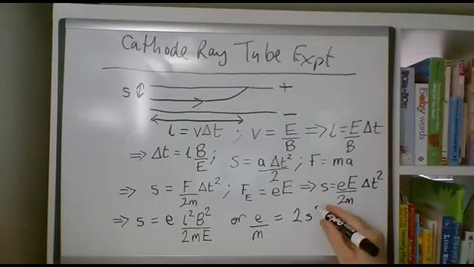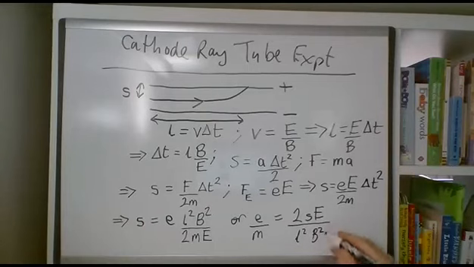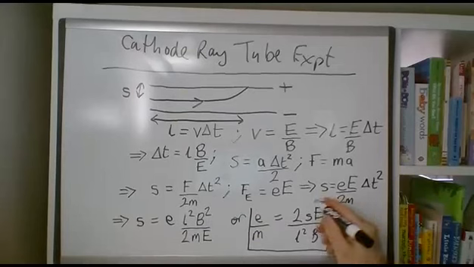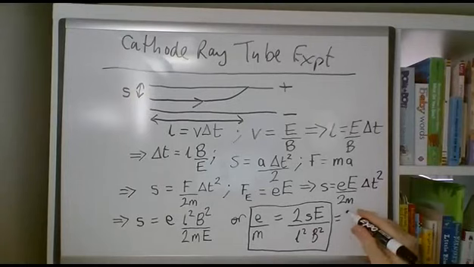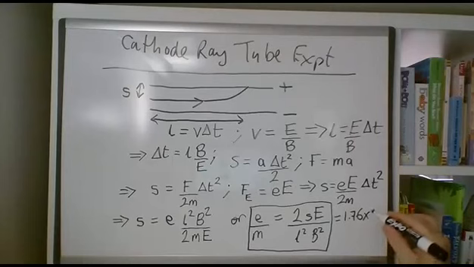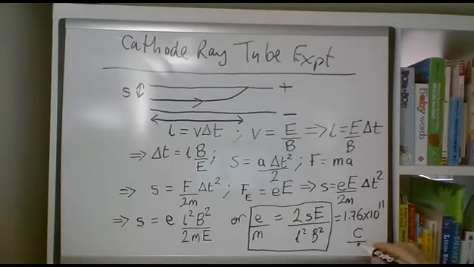So it's 2se over L squared D squared. So this is what Thompson did. He got the ratio of the charge of the electron to the mass of the electron. And numerically, it's equal to 1.76 by 10 to the 11, and the units are coulomb per kilogram.